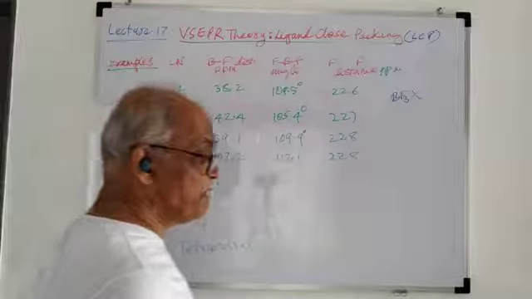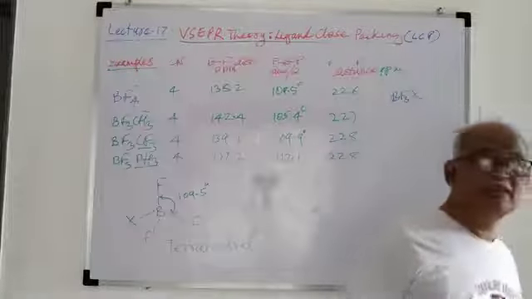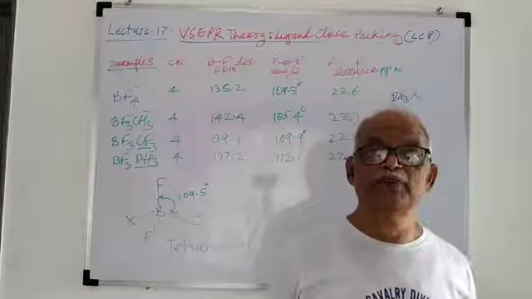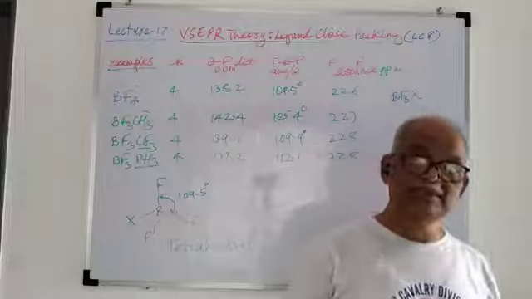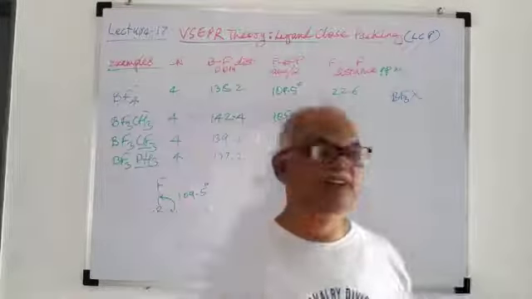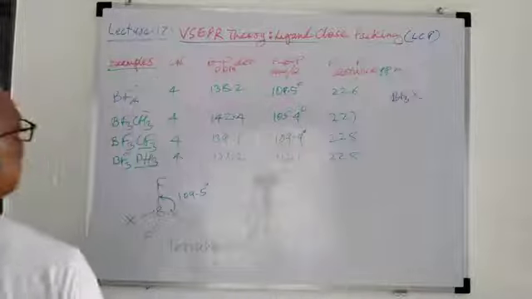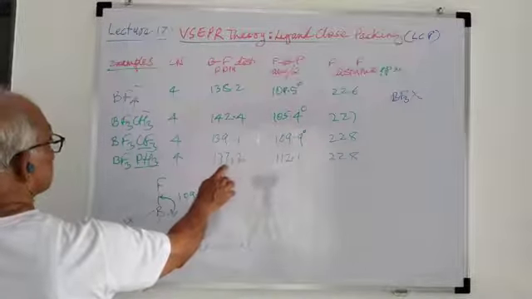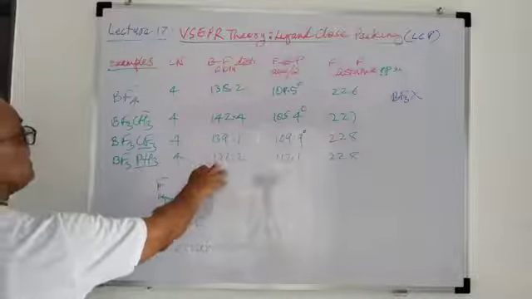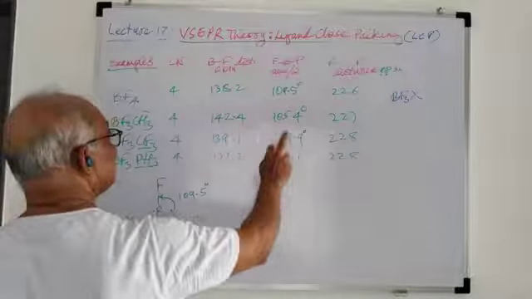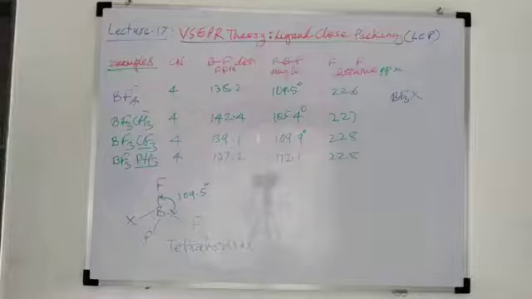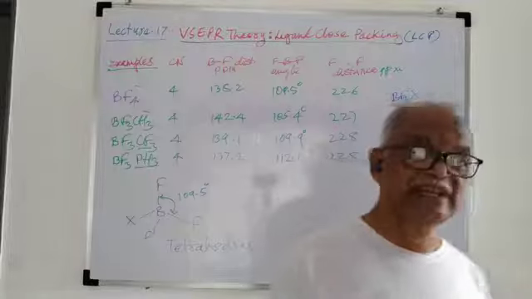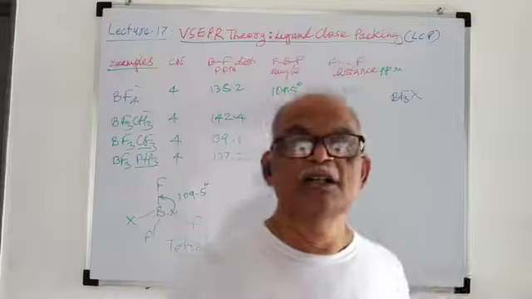PH3 is also a larger molecule, so it will also repel the neighboring fluorines, and as a result they will occupy a still larger distance. The BF distance is slightly reduced here, but the bond angle is increased. So these are the various effects observed on the molecule.